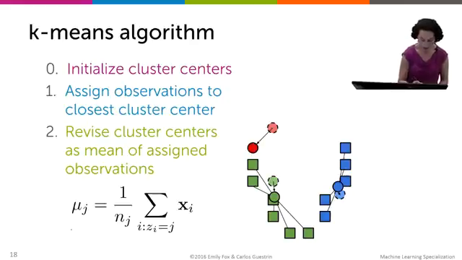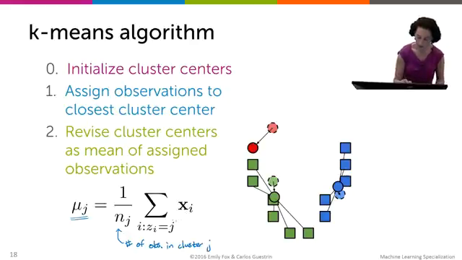So in equations, we're going to say that our new cluster center for the jth cluster is equal to 1 over nj, where nj is the number of observations in cluster j.